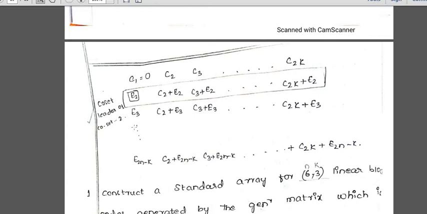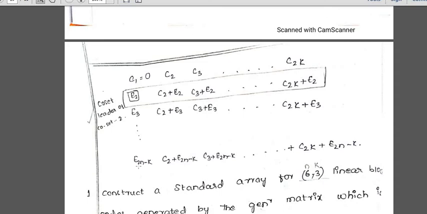Again E4 should be added with C2 only. E5 should be added with C2 only. You should not add the resultant code. The original code words that you have, you have to add with your particular coset leader, which gives C2 plus E2 and so on, from the 2 to the power of n minus k coset leaders. So all this you have to add, and complete the column.